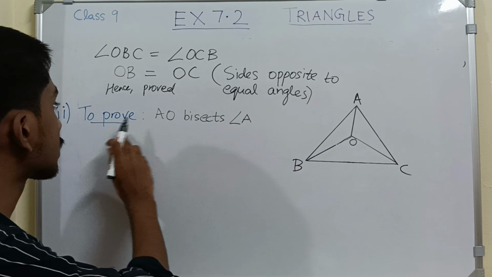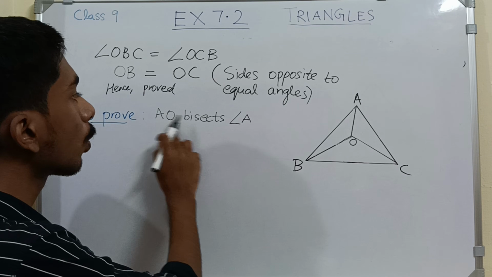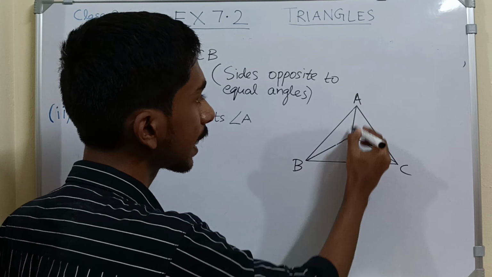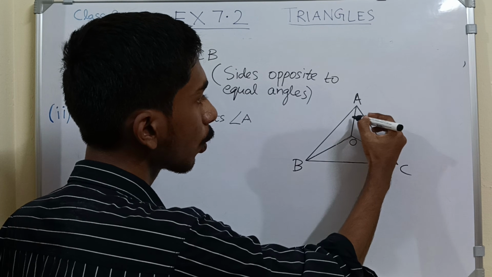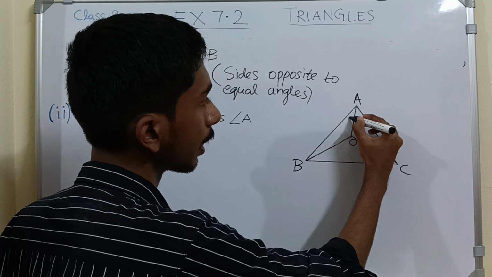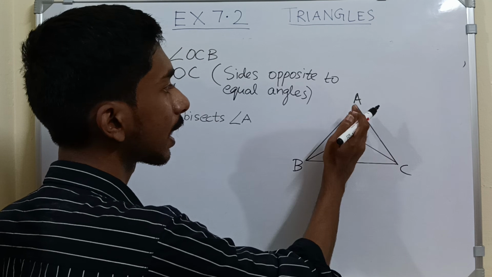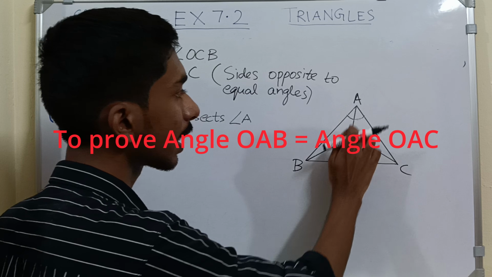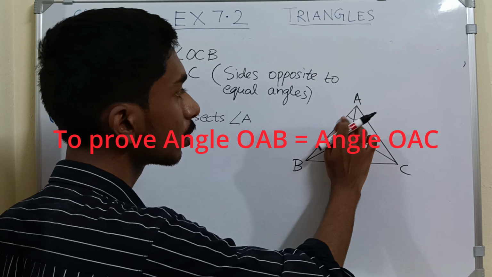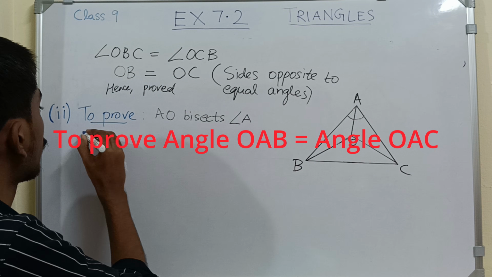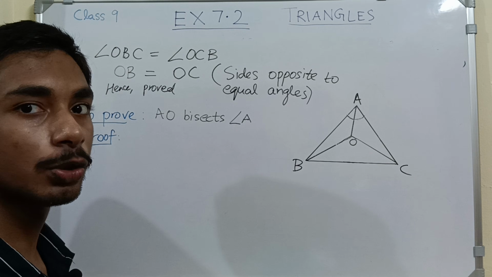Now we have the second subdivision for this question. We have to prove AO bisects angle A. So this AO, we have to prove that this AO is cutting this angle A into two equal halves. So let's start the proof. We will use congruency to prove this.